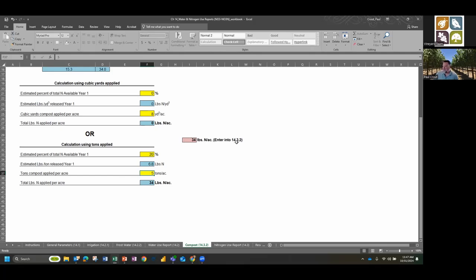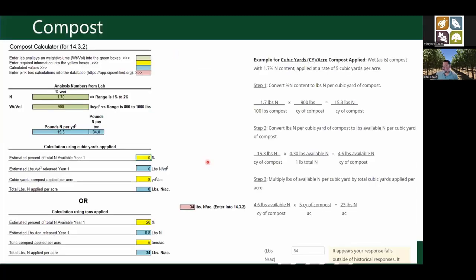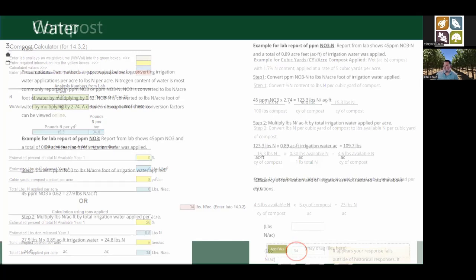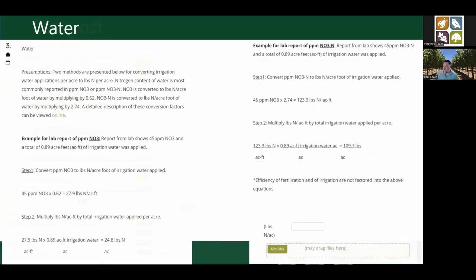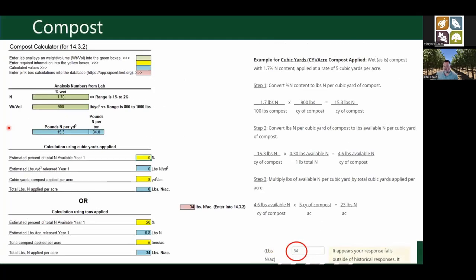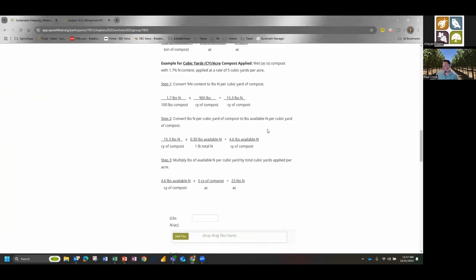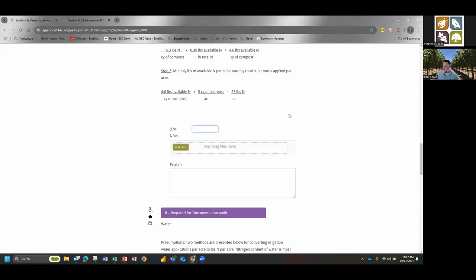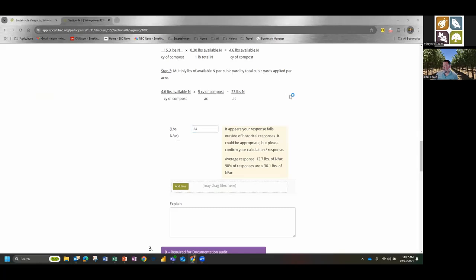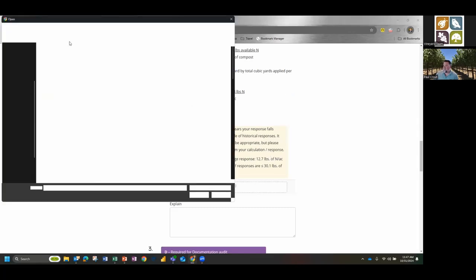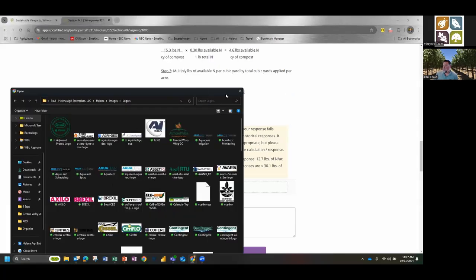So we will enter that into 14.3.2, which is, let me go back, sorry, I'm swapping between multiple screens here, which is right here. So as I mentioned, we're entering 34 pounds of N per acre. Oh, look at that. I don't know why that happened.